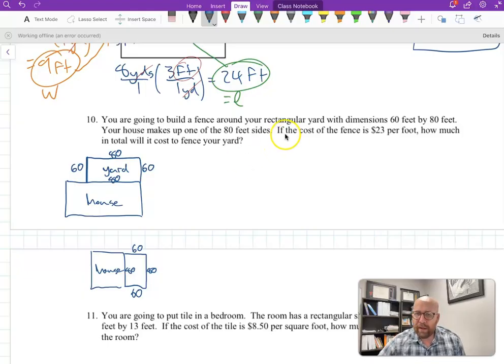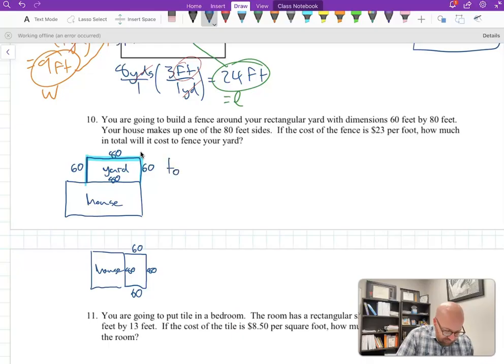Now, the question that's being asked is, if the fence is costing $23 per foot, how much in total will you need to fence in your yard? The key thing here to recognize is, since your house is taking up part of the yard, the only fence that we need to purchase is what I've highlighted in blue.